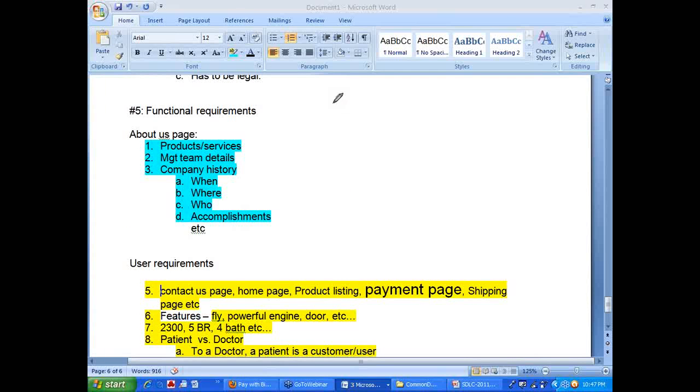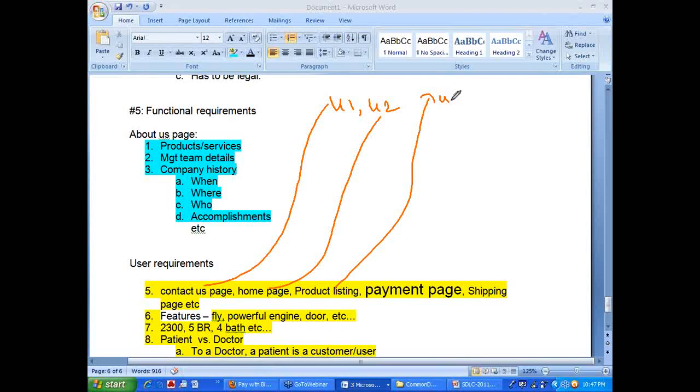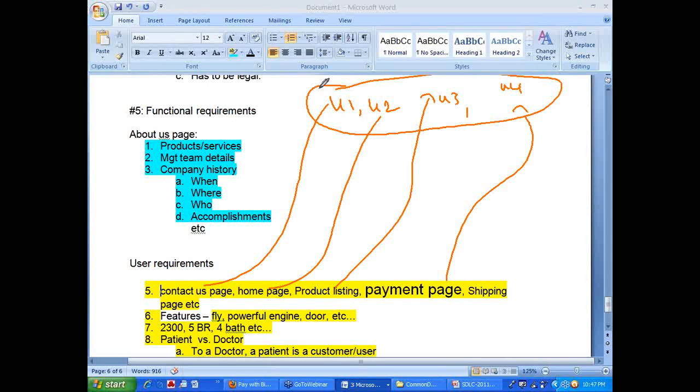So that's the mapping. Let's say this is user requirement 1, user requirement 2, user requirement 3, and user requirement 4. There are 4 requirements. When you write functional requirements, all of them should be mapped back to one of these 4 requirements.